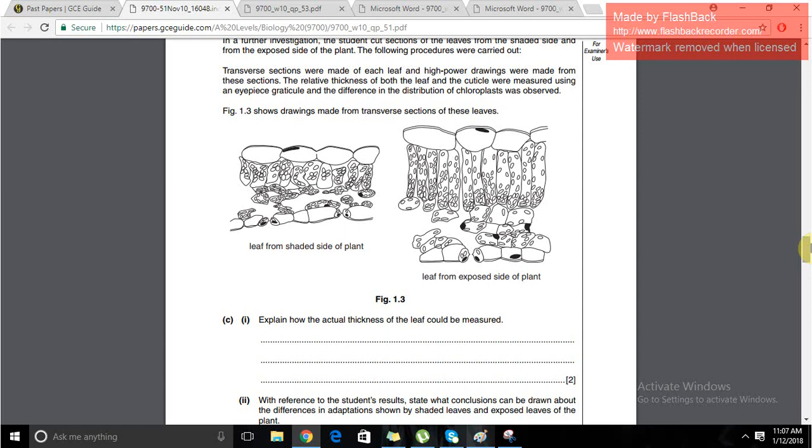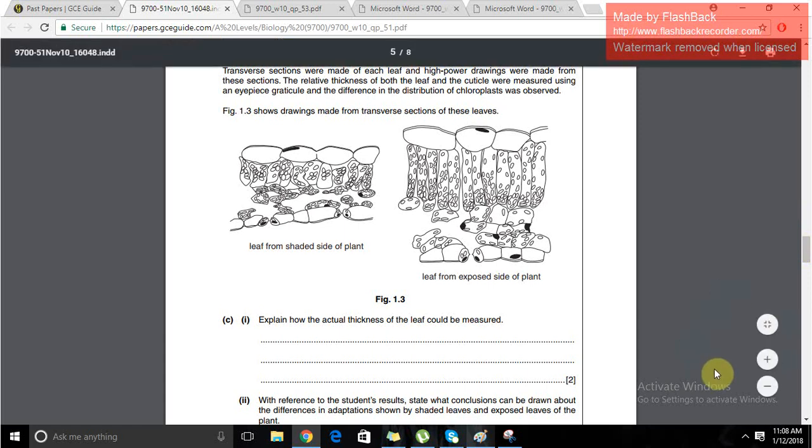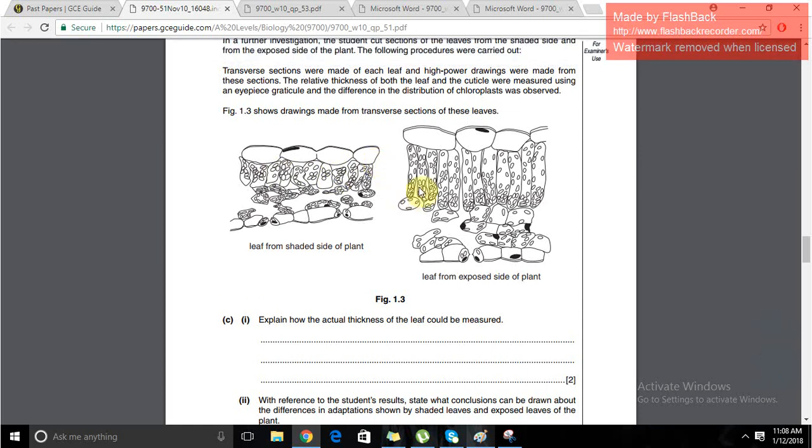Another thing, the chloroplasts seem to be more widespread in the exposed side, whereas in the shaded they seem to be more concentrated at the center of the leaf. And then there is something about the shape as well. These are more longitudinal.